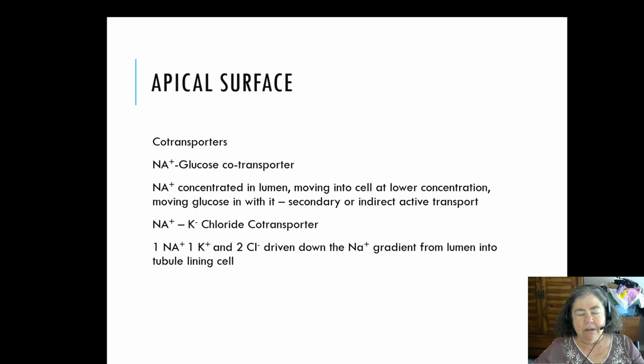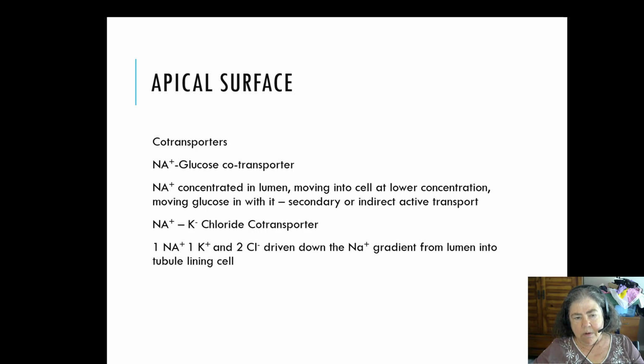But this particular cotransporter uses sodium to drive sodium and potassium and chloride down the concentration gradient of sodium from the lumen and into the tubular epithelial cell.